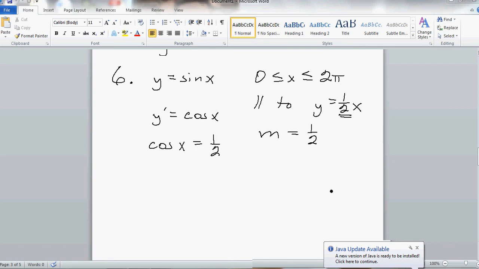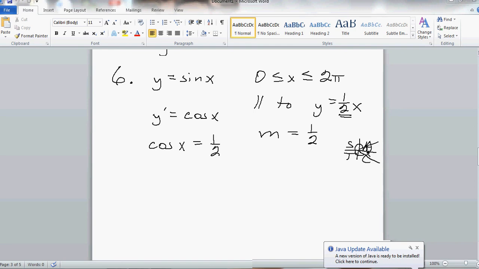4. We need to remember that all students take calculus stuff, you know, and cosine equals 1/2 is going to be somewhere here and somewhere here. And so we need to come up with what's that angle there and what is this angle right here, because it has to be between 0 and 2 pi.